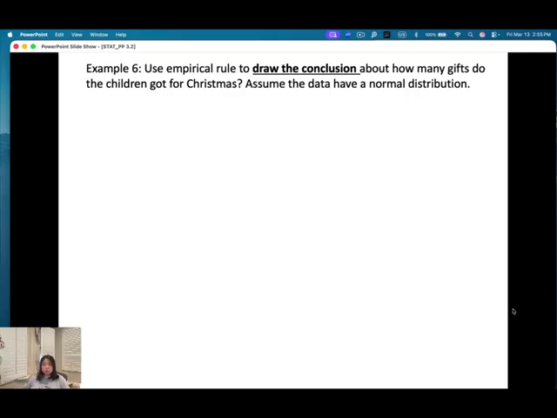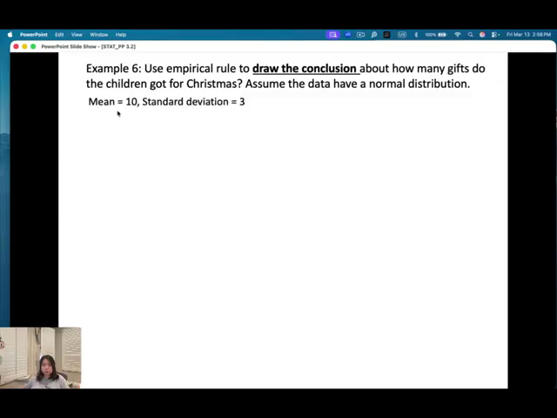Okay, let's try this example. Use the empirical rule to draw a conclusion about how many gifts the children got for Christmas, and assume the data have a normal distribution. One more time, the empirical rule only works for the normal distribution.